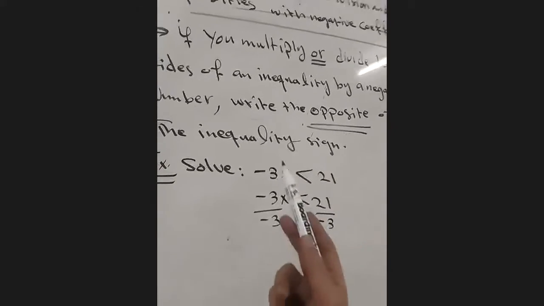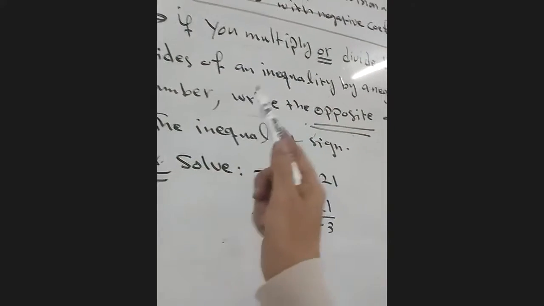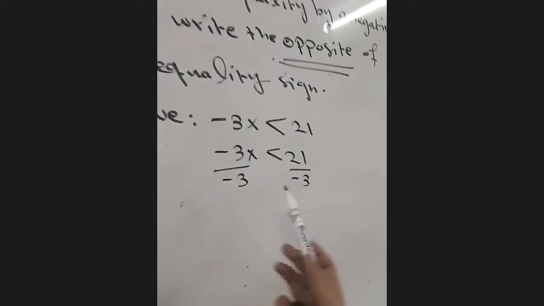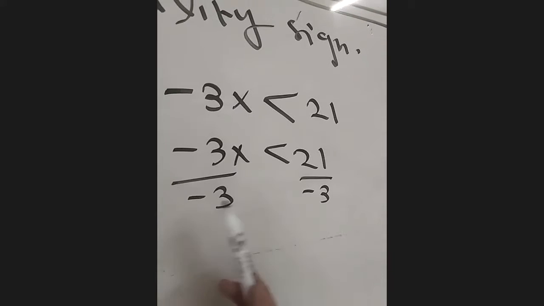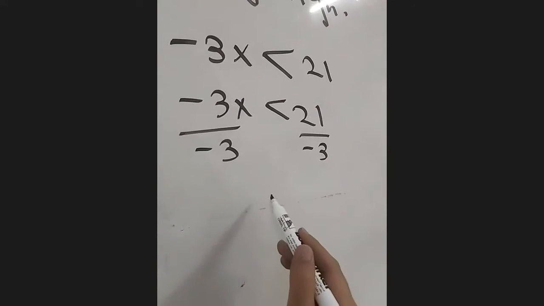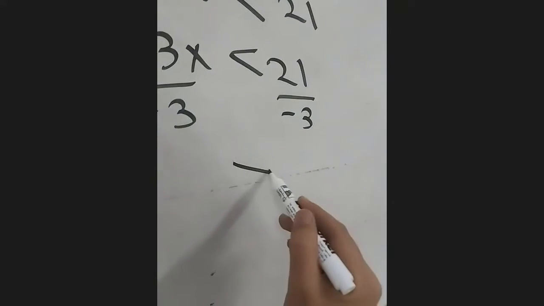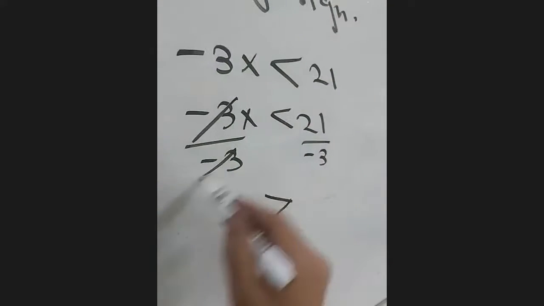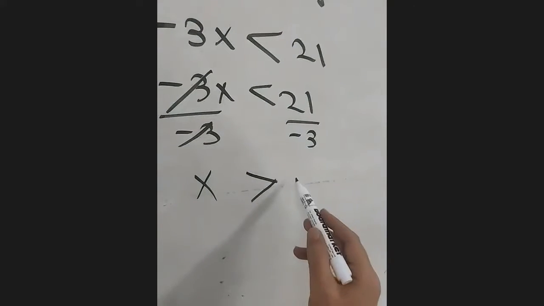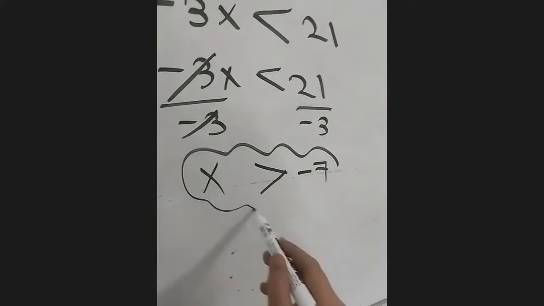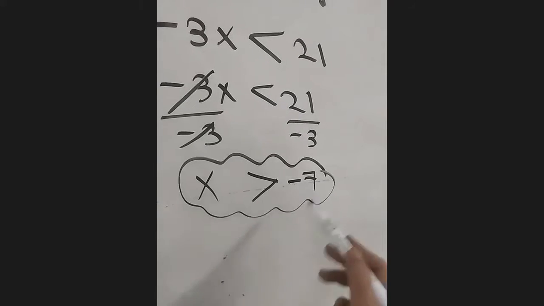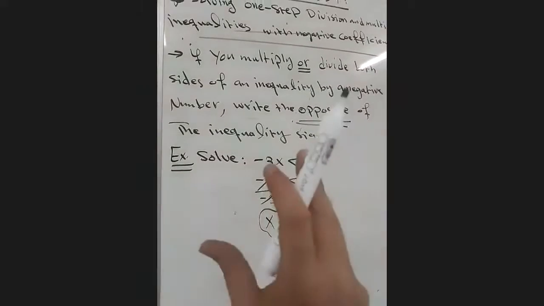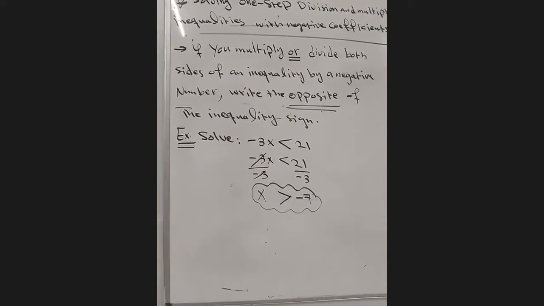Here I divide both sides by a negative number, so I will do the opposite of the sign. It is less than, it will be more than. And simplify both sides. Negative 3 gone, x, and 21 divided by negative 3 is negative 7. So x more than negative 7. This is the important idea of the lesson.